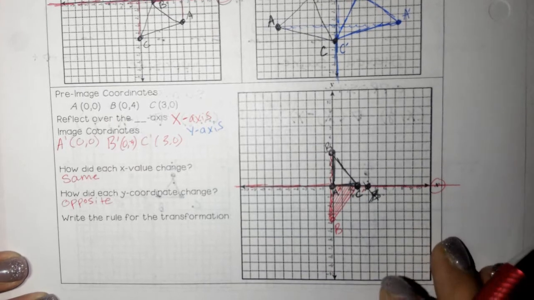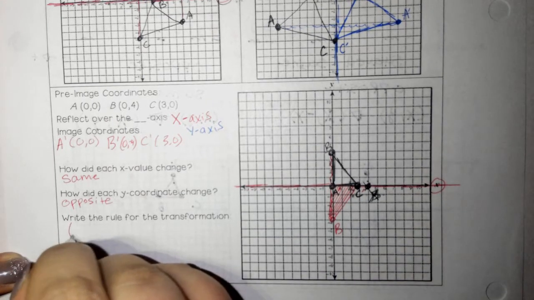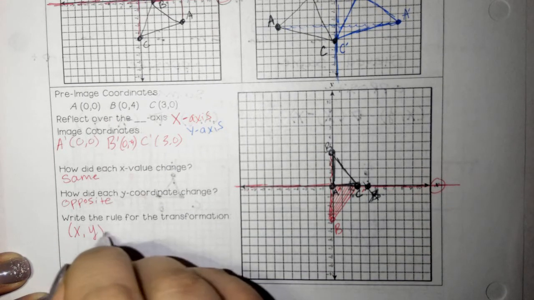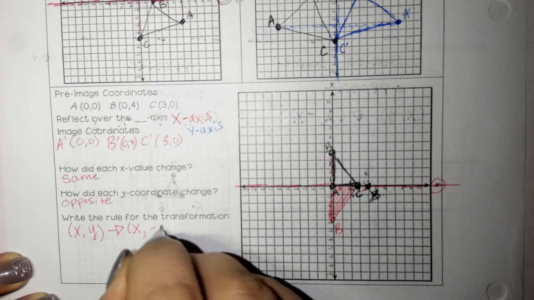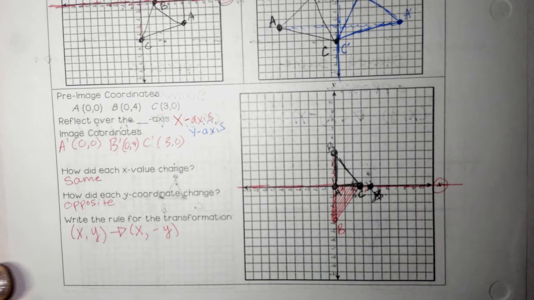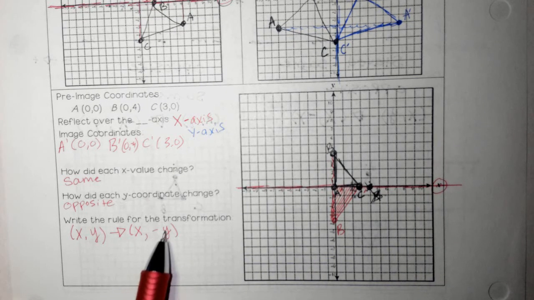Writing the rule for an x-axis reflection, when we reflect over the x-axis, the x value stays the same, and the y value becomes opposite. To write opposite y, we write what looks like a negative sign and a y. That just means the opposite of y, or change the sign of y.